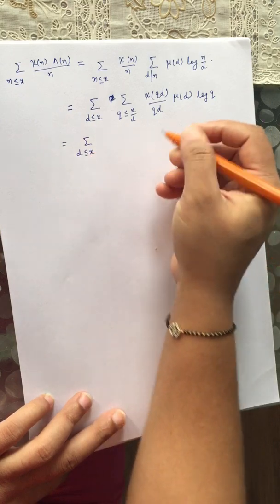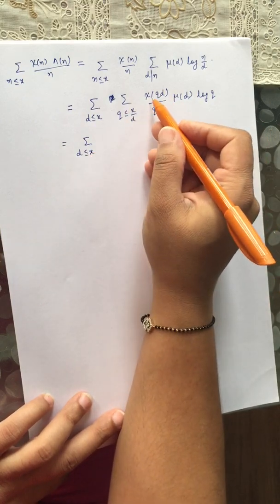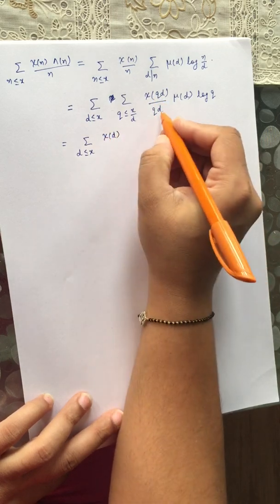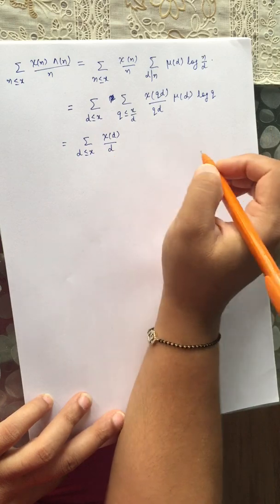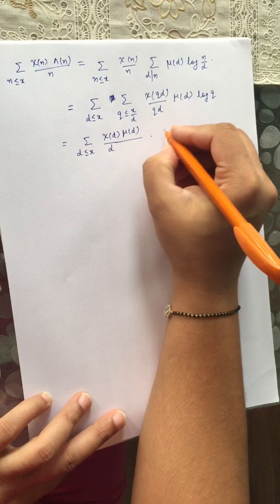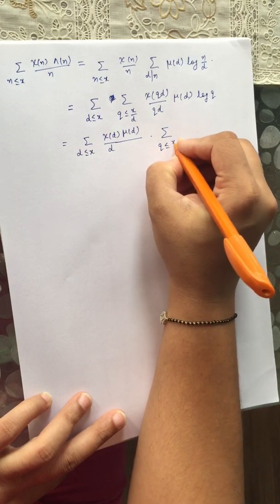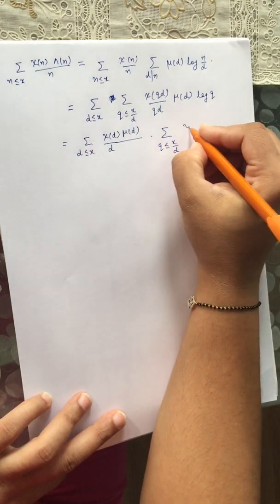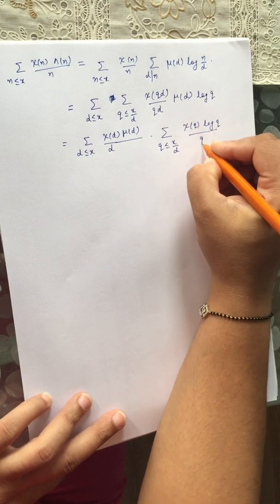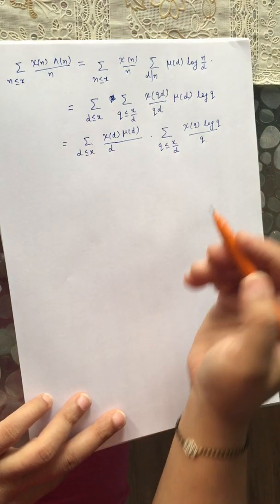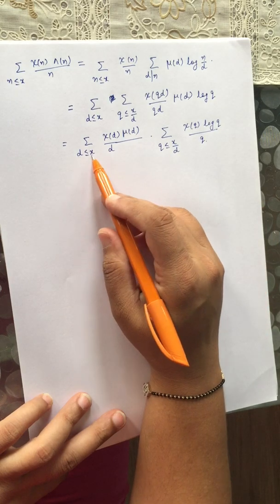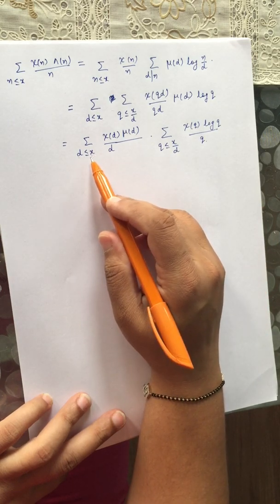The terms which are independent of q can be taken out of this summation. So χ(d) can be taken outside, similarly this d can be taken outside, and this μ(d) also, into summation q less than or equal to x/d χ(q) log q / q. Now since d is less than or equal to x, x/d is greater than or equal to 1.